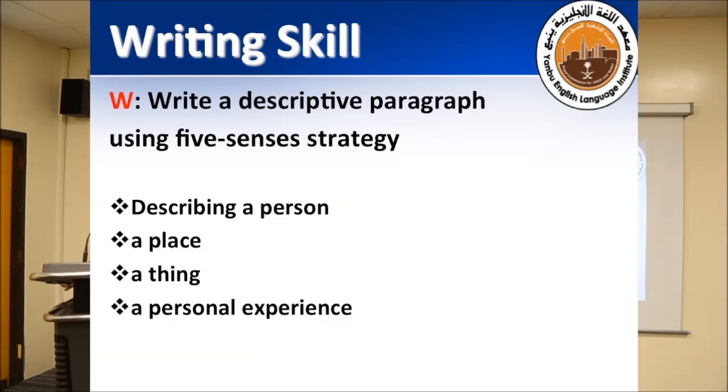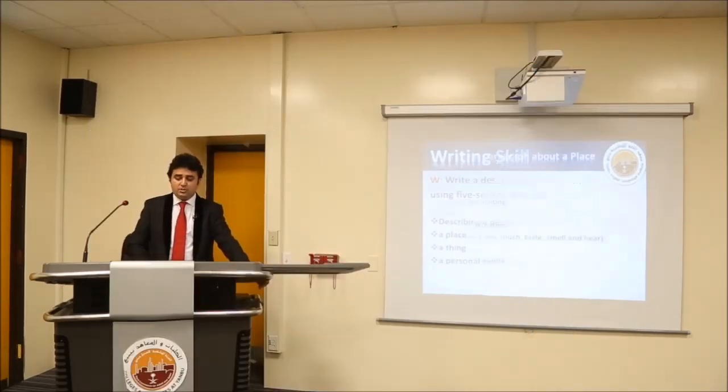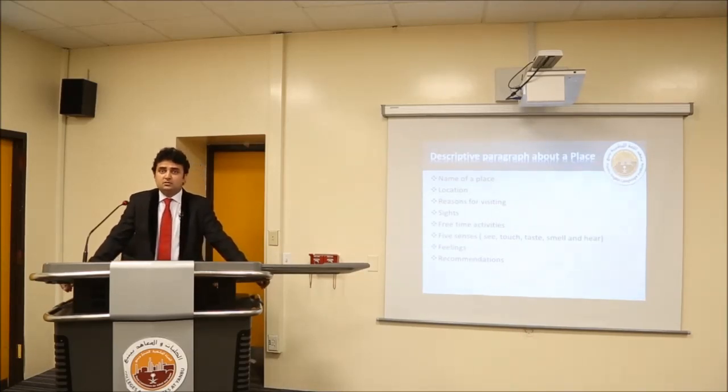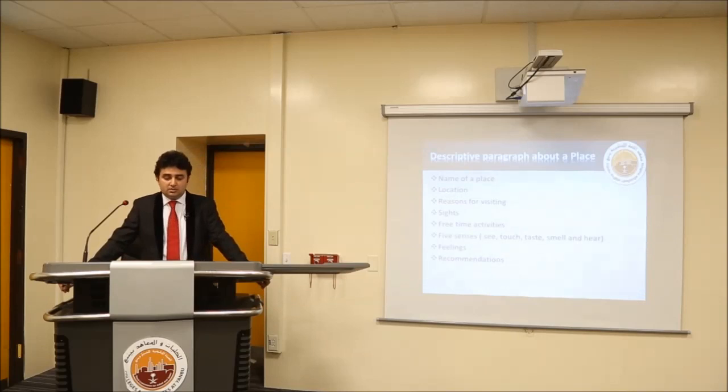You can describe a person, you can describe a place, you can describe a product or thing, or you can describe your personal experience. And when you describe something, you use your 5 senses. You can use your sense of sight, sense of touch, sense of taste, and sense of smell.